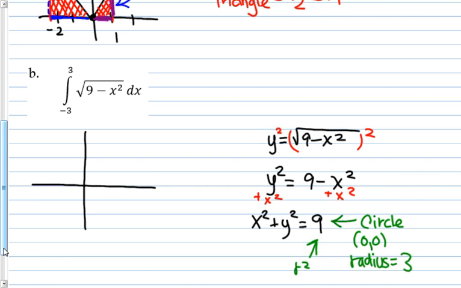It's going to be positive. So, back to the picture at hand. They want us to go from -3 to 3. So here's -3. Here's +3. Let me plug in 0. I get 9 minus 0, so that's the square root of 9, which is 3.